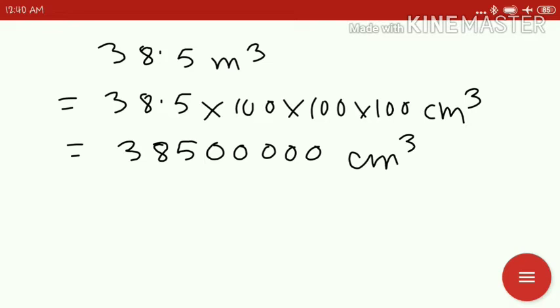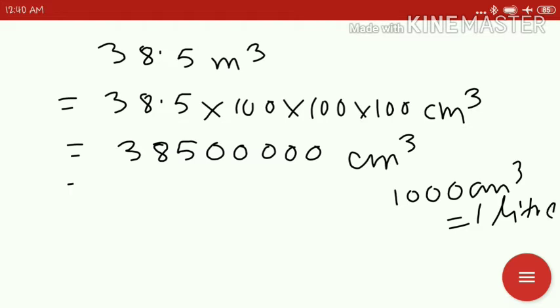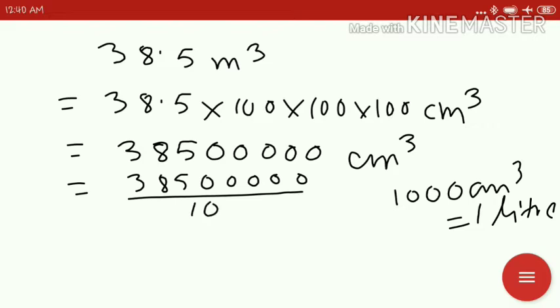And now we know that 1000 centimeter cube equals 1 liter. Okay, so to convert this centimeter cube into liter, we have to divide this amount by 1000. So if you divide 38500000 by 1000, 3 zeros will be cancelled out. It will give 38500 liter.